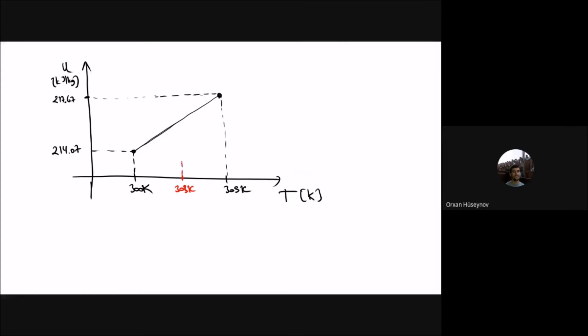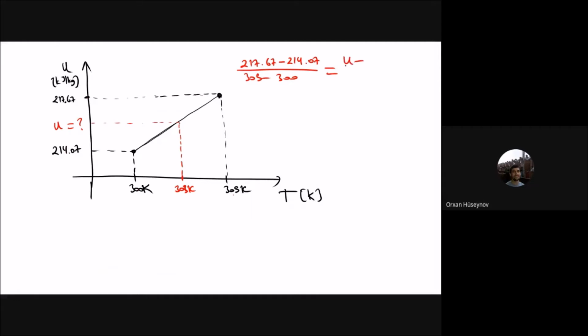What we will do is this: this is unknown, so let's say this is U that I'm looking for. The difference between these internal energy values, 217.67 minus 214.07, divided by the difference between these extreme temperature values, 305 minus 300, should be equal to the difference between this internal energy value and that one, it doesn't matter, you can take any of them.